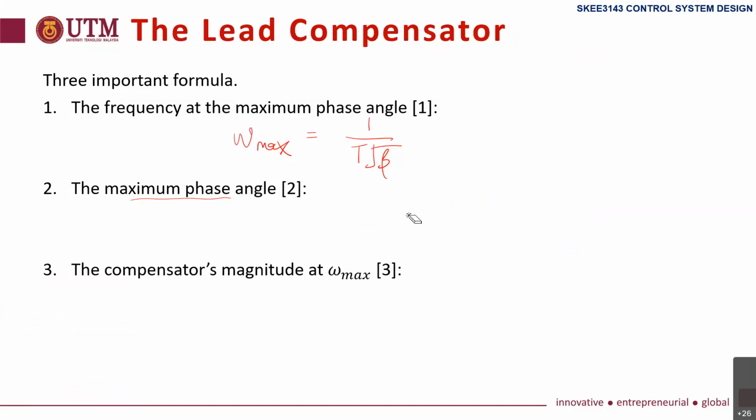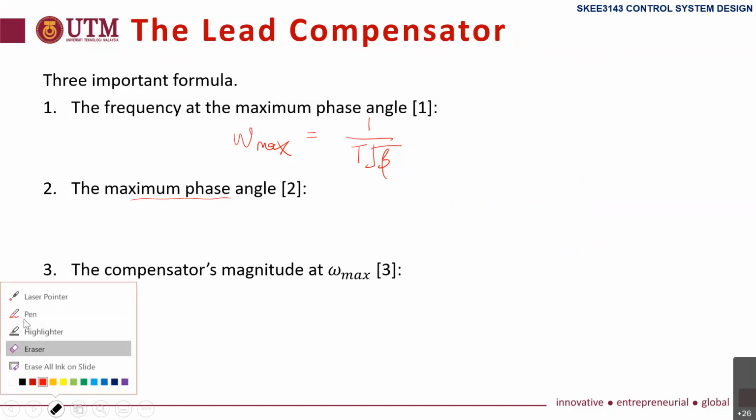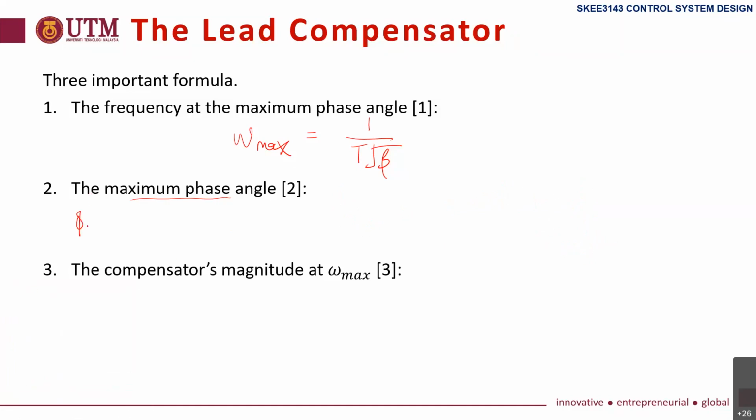The last one, we call the compensator magnitude at omega maximum.